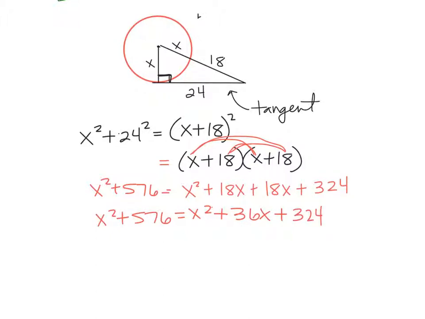Here's where I'm going to take a quick break from solving it and show you the shortcut. From this, do you see what happens? You square your first number, you square your last number, and then that middle term is 2 times the first times the last. Remember that shortcut?